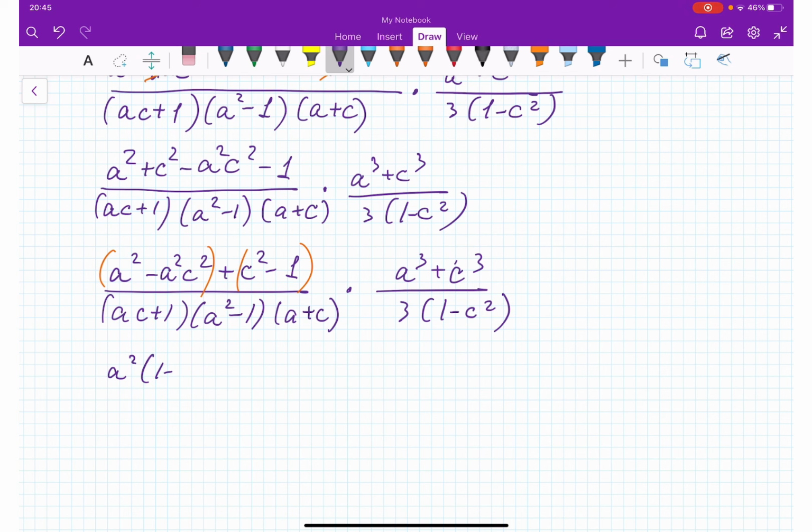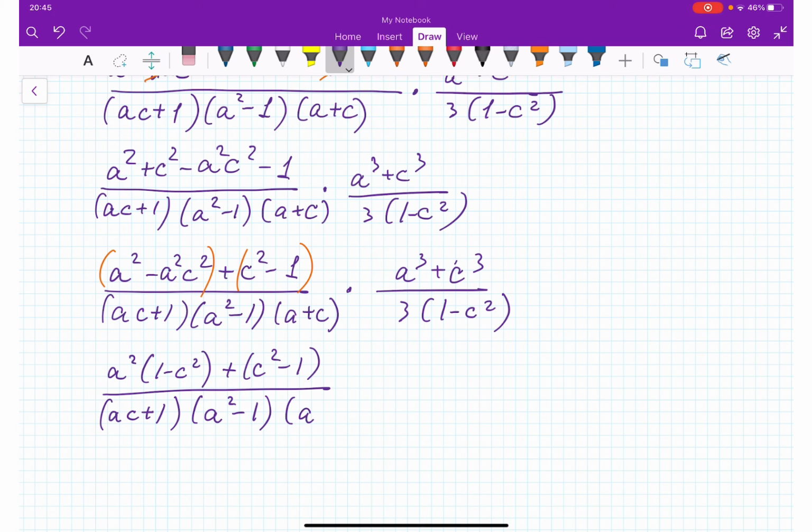I will have 1 minus c squared plus c squared minus 1. So I need to flip the sign here, yes? ac plus 1, a squared minus 1, and a plus c times a cubed plus c cubed, 3 times 1 minus c squared.